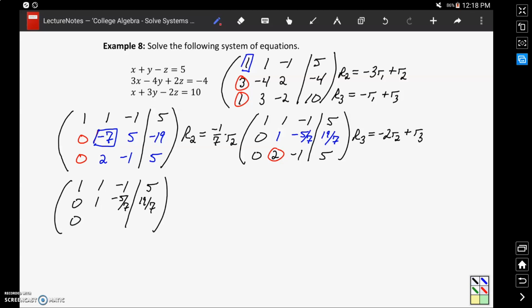So that first 0 will remain unchanged. Our second value in row 3 will become a 0. And then those remaining values will become 3/7 and -3/7.